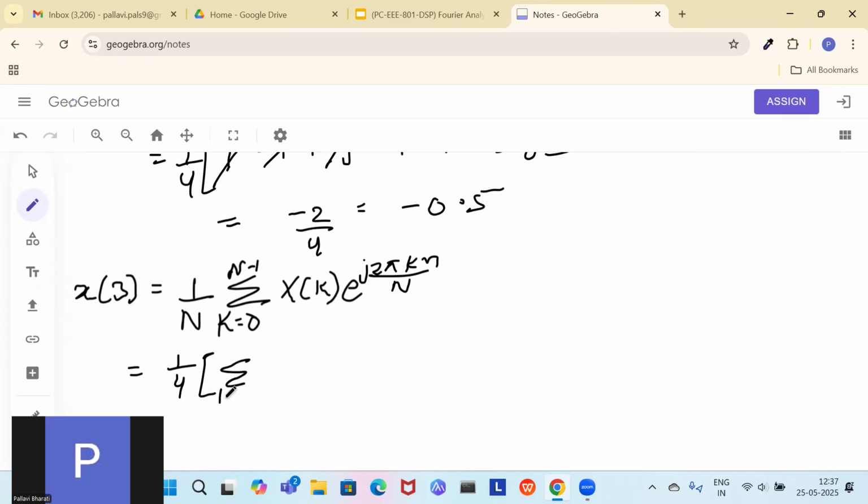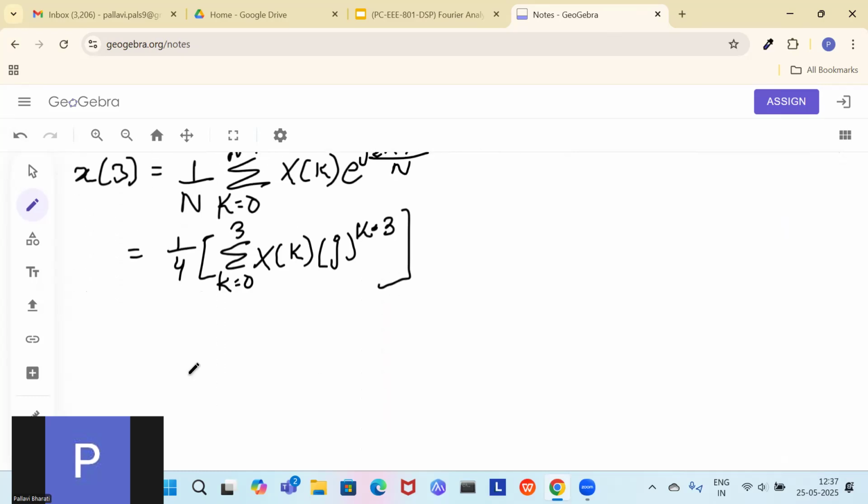Now k is equal to 0 to 3. Now e to the power j2 pi by 4 will be what? E to the power j pi by 2, that was j for us. Now j is raised to the power of k into n. For our case, k will be changing, n is fixed at 3.